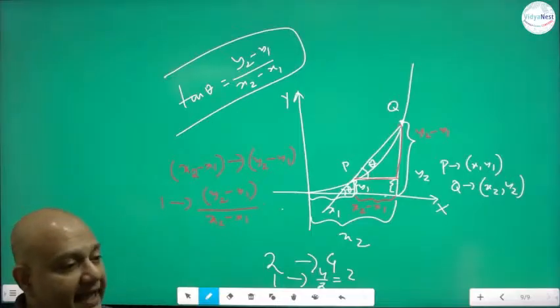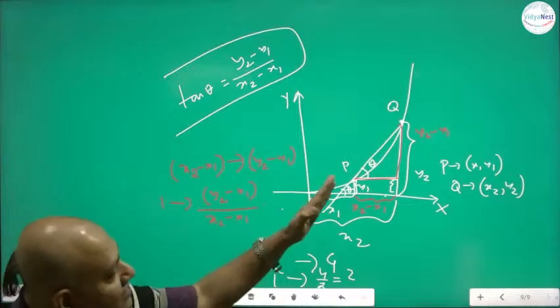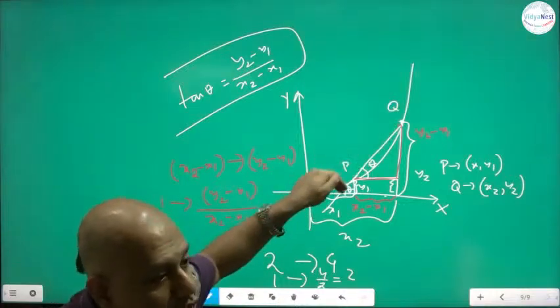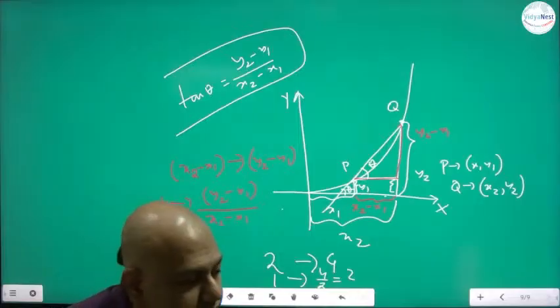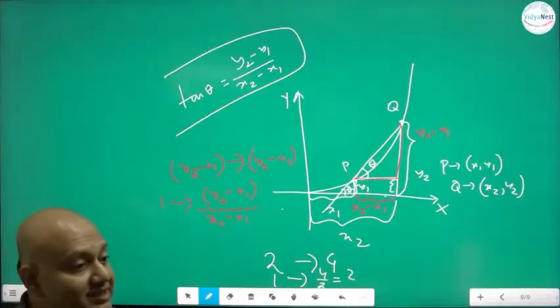This is called tan theta. And this tan theta is what? It is the slope of the straight line. This chord having a slope. The slope of the straight line, which is the chord of this curve.